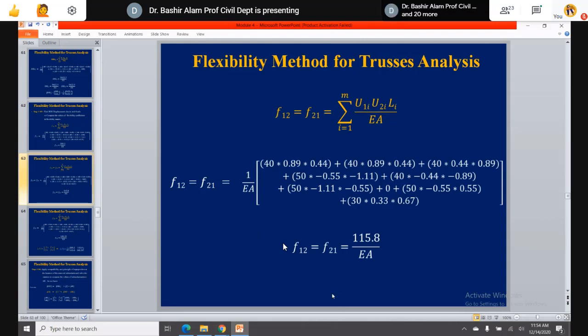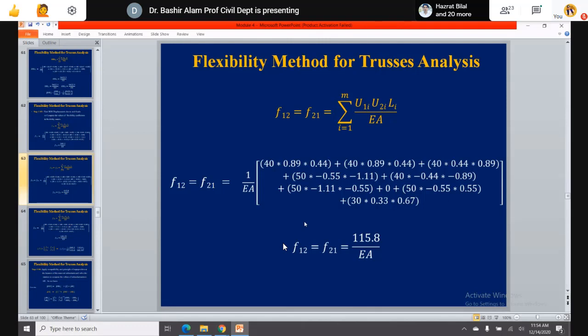Then F12. F11 is done. Here now you have the chance to get negative values. Sometimes it is a combination of plus and minus. Here you can see minus and plus, so the value is coming minus eventually. Here minus and minus will be positive. So you need to be very specific about the sign here. U1 and U2 are involved.